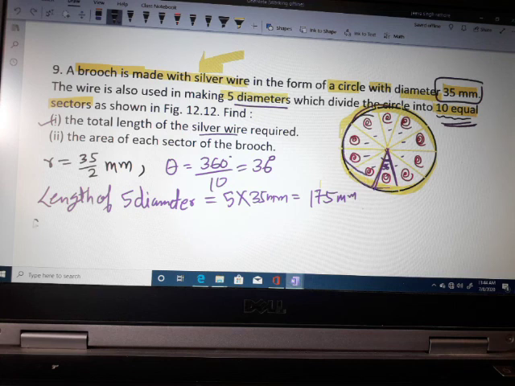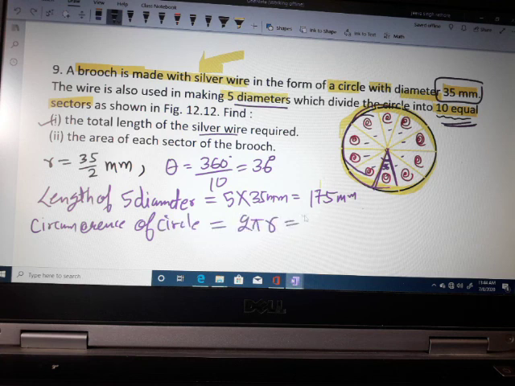So circumference of circle equals 2 pi r. 2 pi is not given, so you have 22/7 into r. R is given, radius is equal to 35/2.